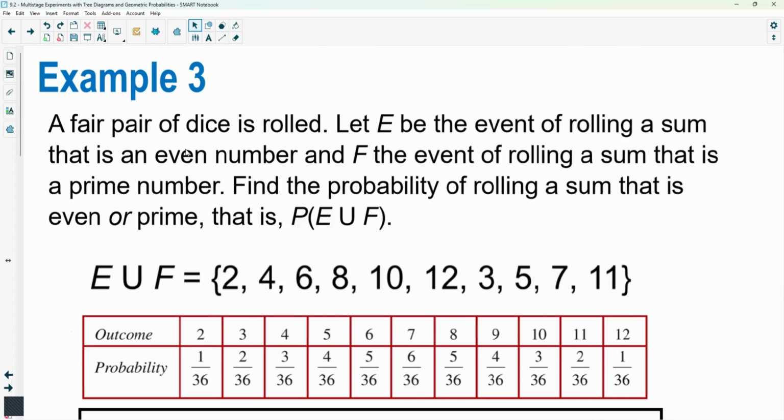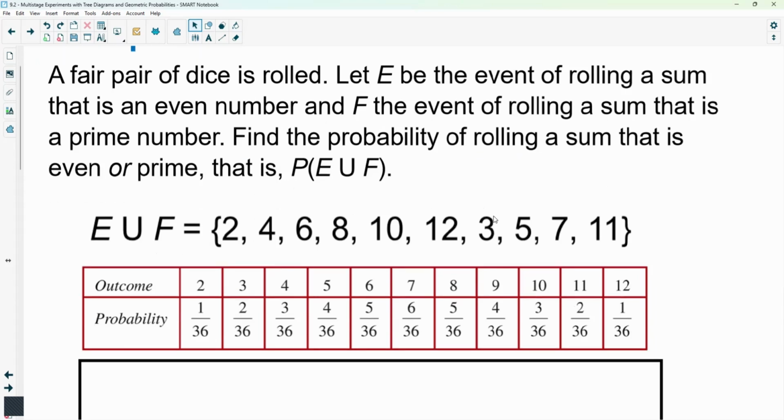Then it says, as a fair pair of dice is rolled, let E be the event of rolling a sum that is an even number, and F the event of rolling a sum that is a prime number. See what I was mentioning earlier? And you want to find the probability of the even or the prime, so the union. So the union is going to include all the even numbers, 2, 4, 6, 8, 10, 12, and all the prime numbers, which is already including 2, and then we have 3, 5, 7, 11, right?